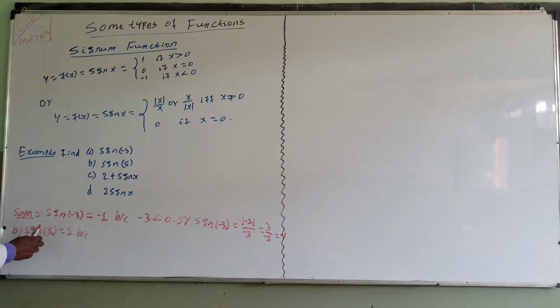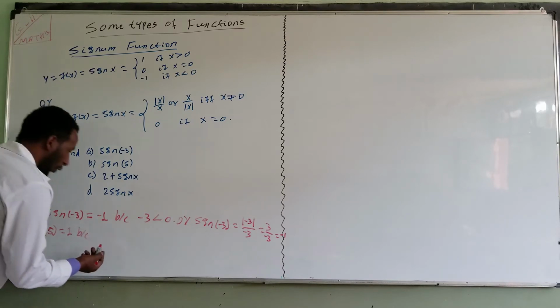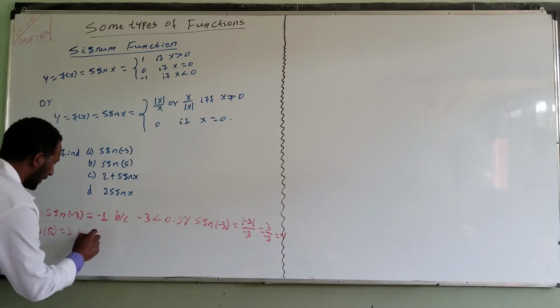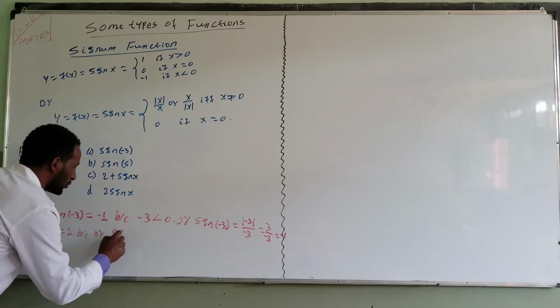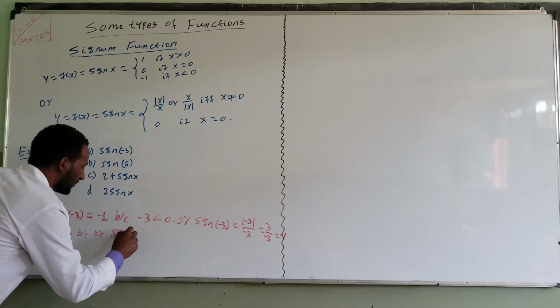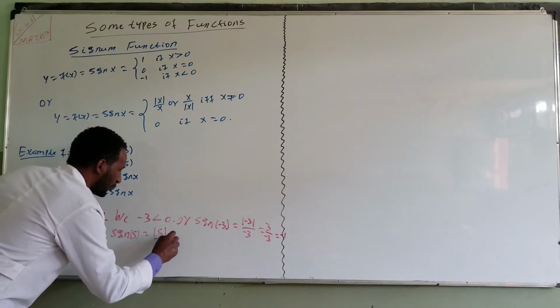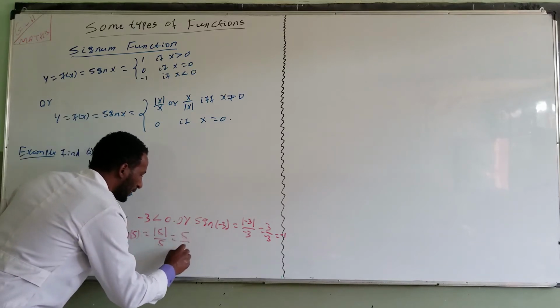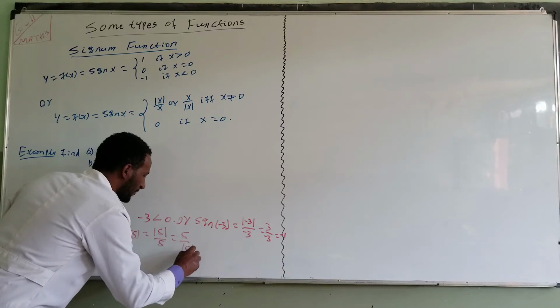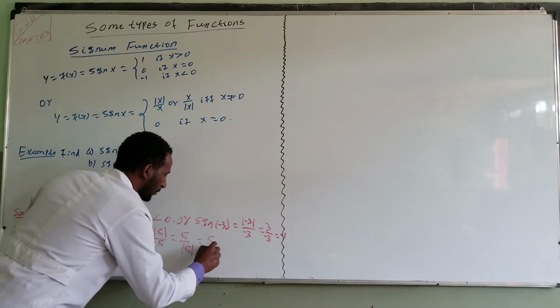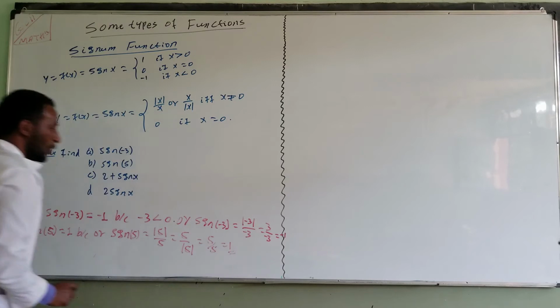Therefore, signum of 5 is equal to 1, or we can use signum of 5 is equal to absolute value of 5 over 5, which is equal to 5 over 5, which is equal to 1.